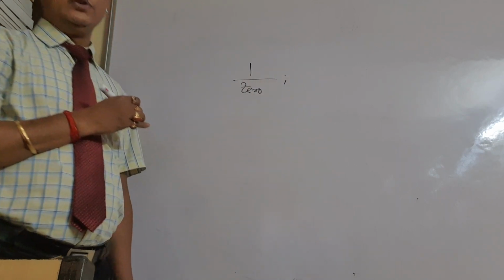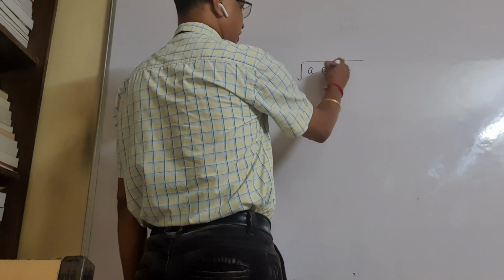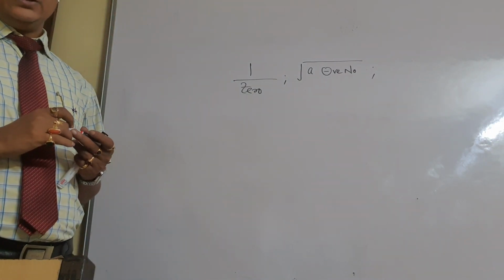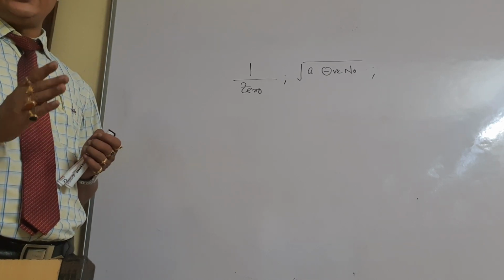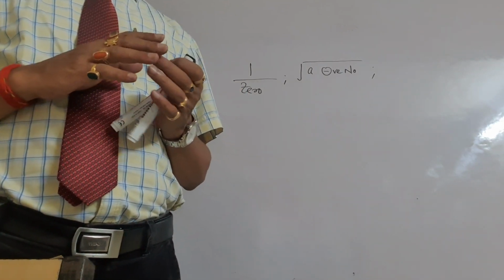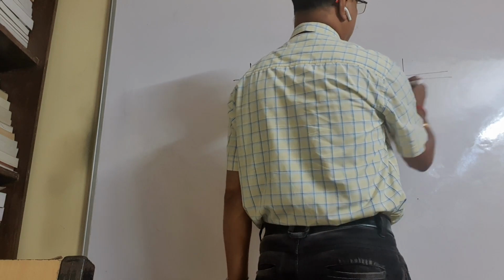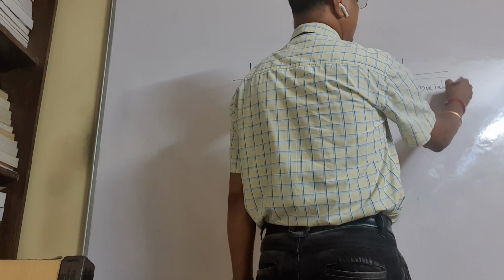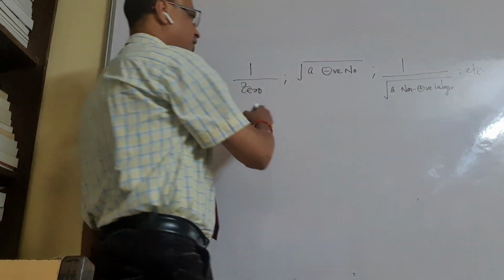It may take the form 1 divided by 0, or it may have a negative number under the root, because if a negative number comes under the root, the square root cannot be calculated. The square root of a negative number is not real, it is imaginary. Forget about the imaginary part, we are talking about real numbers. Or it may be in the format of 1 divided by a non-positive integer, etc. So these are basically three formats.